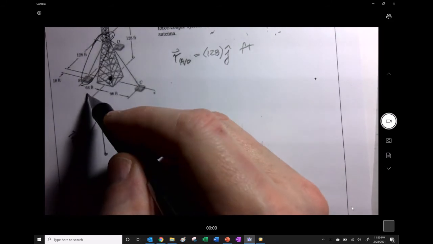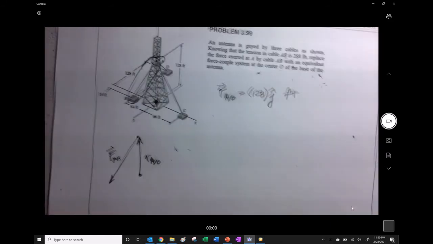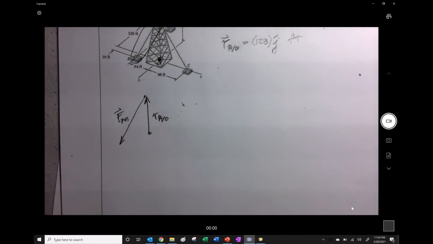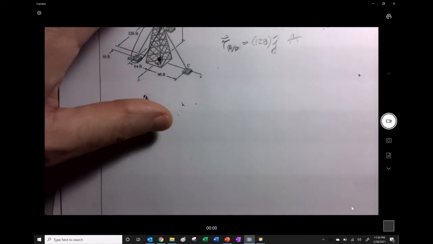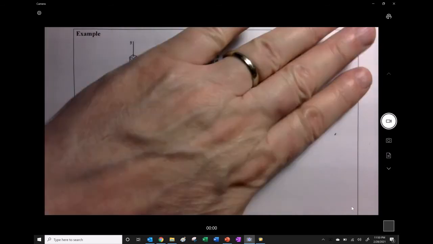Okay, so now for cable AB, we need to go to B with respect to A. And I wrote it out wrong here too. So let me see if I can get anything correct today. That'd be great. All right.